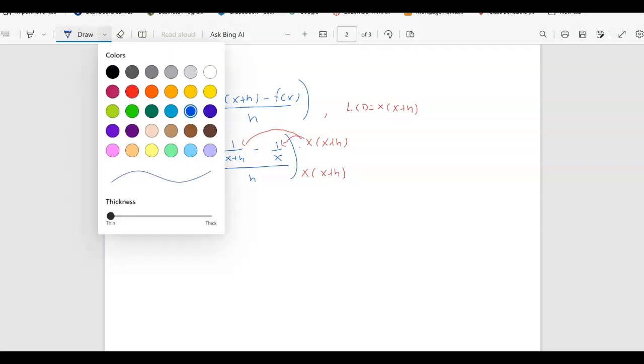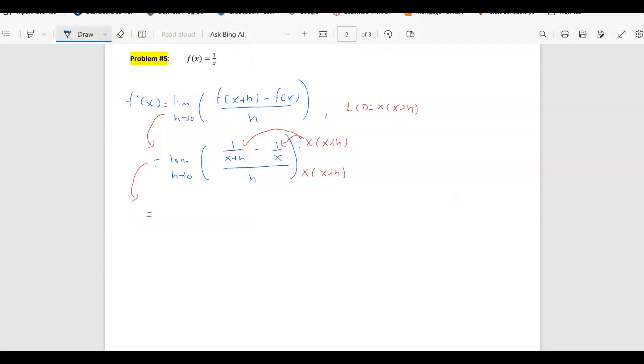So we have to carry the limit throughout. So this is the limit as h approaches 0 of, once you multiply times the LCD, you're just going to be left with an x on the first term minus, and then the second one is going to have the x plus h all over h times x times x plus h.